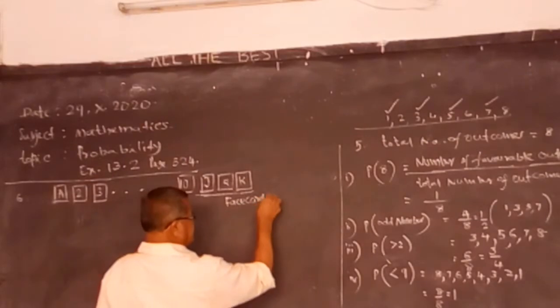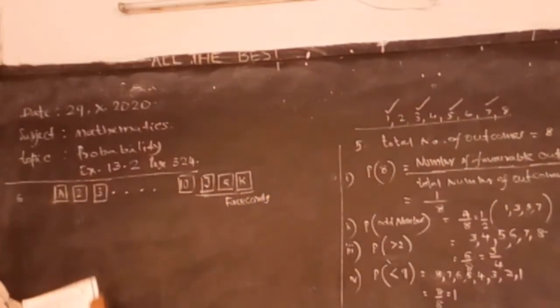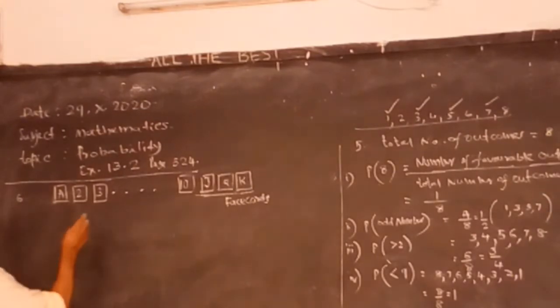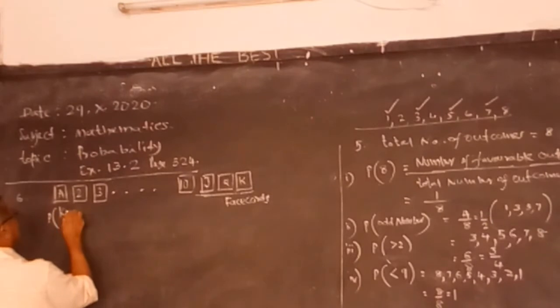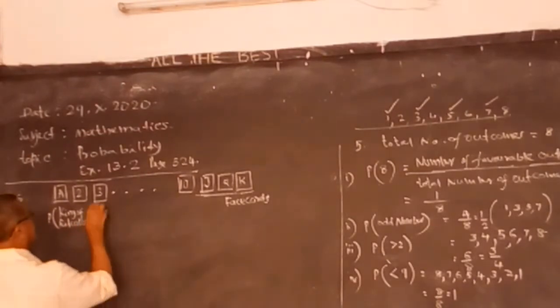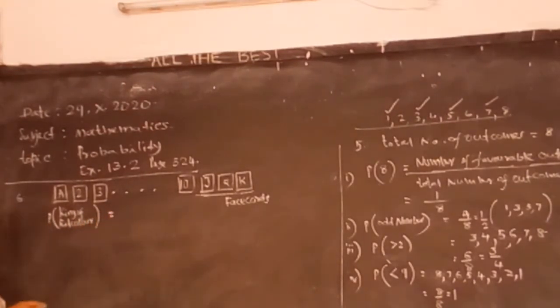Face cards. So he is asking the question, first question, a king of red color. Probability of king of red color. King of red color, there are favorable outcomes two.